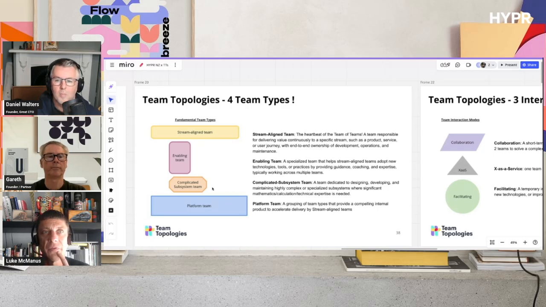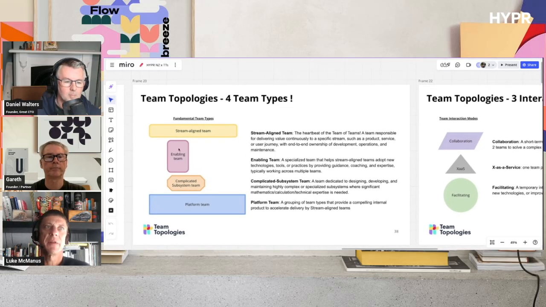But it also could be a complicated business domain, something that requires very specialist knowledge that not everyone in the stream-aligned team needs to be a specialist in. So we can create a small subset, something like maybe legislation or some sort of calculation algorithm for the business.